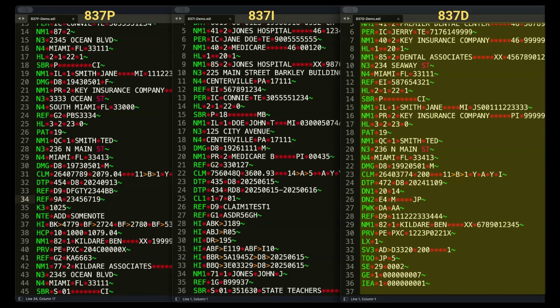DN2 segment here, it shows which tooth is supposed to be extracted as part of this treatment. Because many times for orthodontics, there is a requirement of even tooth extraction so that the spacing can be done better. So it's indicated here. Then the PWK segment, it specifies the dental model is available. So PWK segment, if you remember, it was for sending supplemental information with the claim.